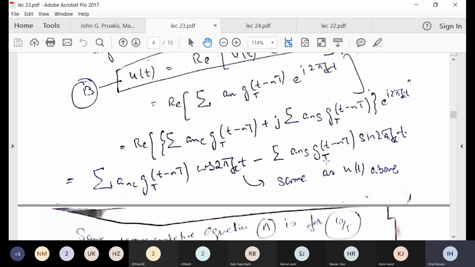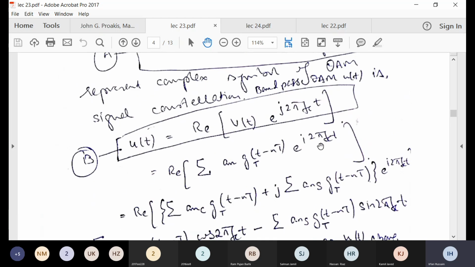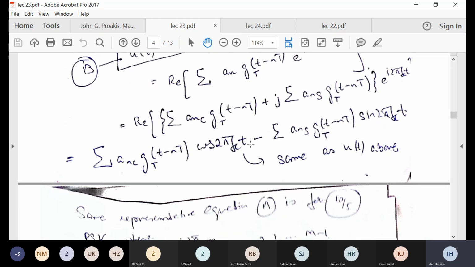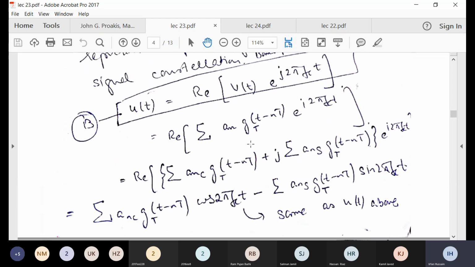Both are equal. The actual practical signal is this, but theoretically you can always write it like this, whichever is easier. Here the important thing is that we are able to identify our baseband part, while here you can see that the baseband part is mixed with these high frequencies. This is the only difference. Both representations are correct for representing your passband signal.